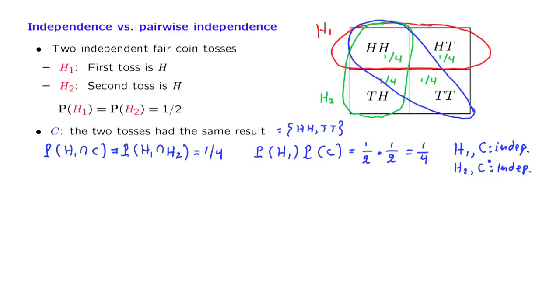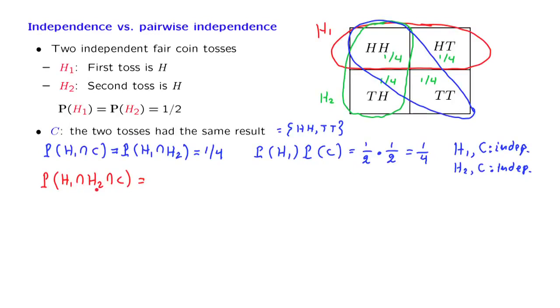To check for independence, we need to also look into the probability of all three events happening and see whether it is equal to the product of the individual probabilities. So the probability of all three events happening, this is the probability that H1 occurs and H2 occurs and C occurs. What is this event?